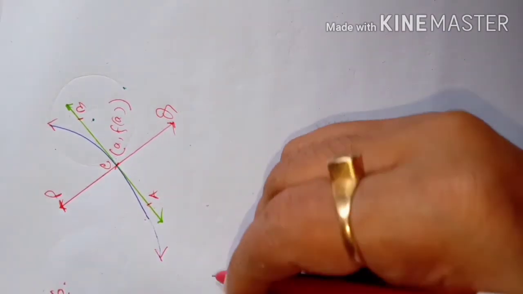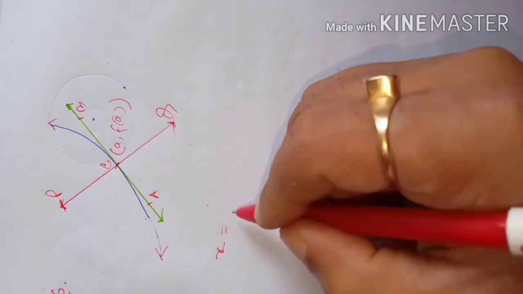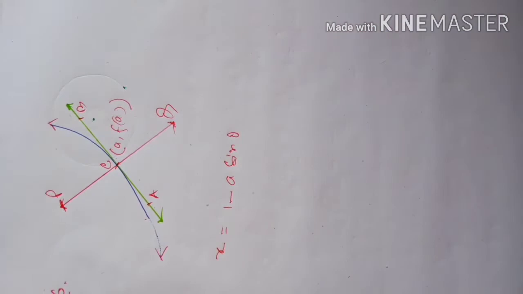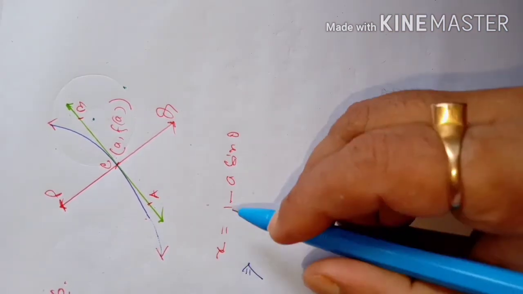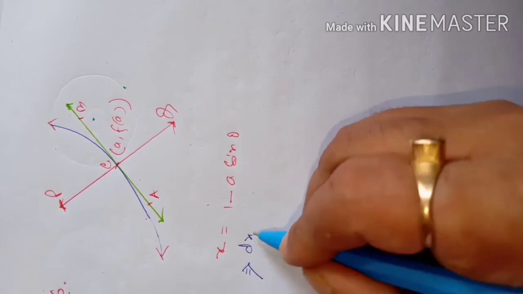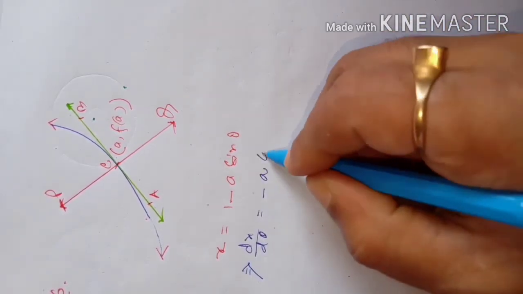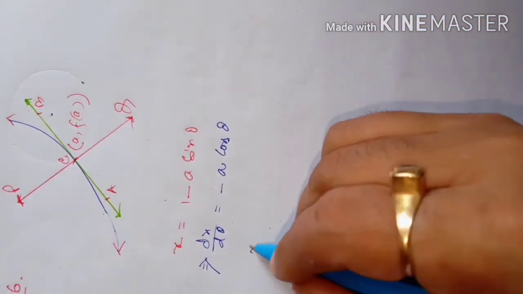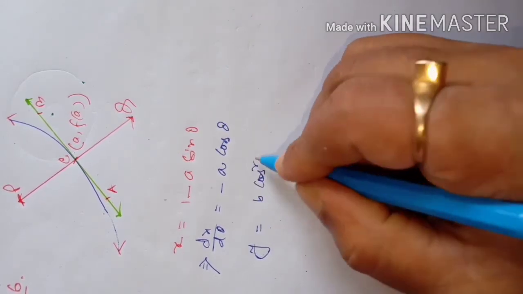Here x is given in terms of theta, that is 1 minus a sin theta. So the derivative of x with respect to theta, dx by d theta, is equal to minus a cos theta. Then y is given as y equal to b cos square theta.